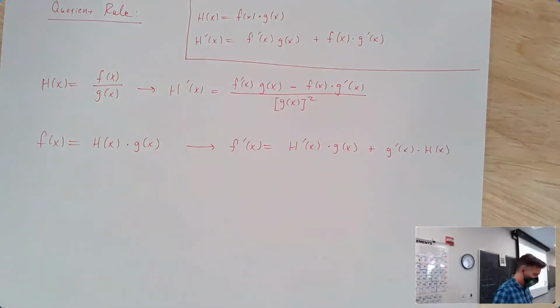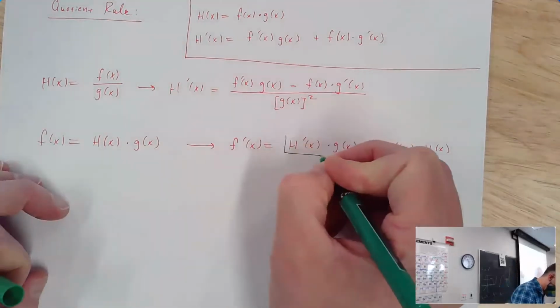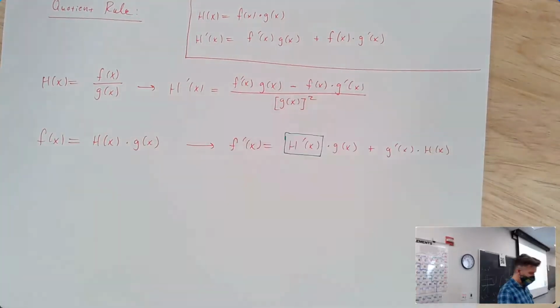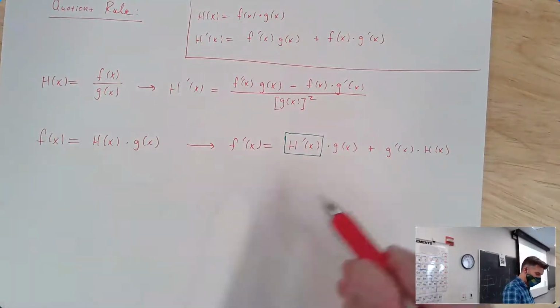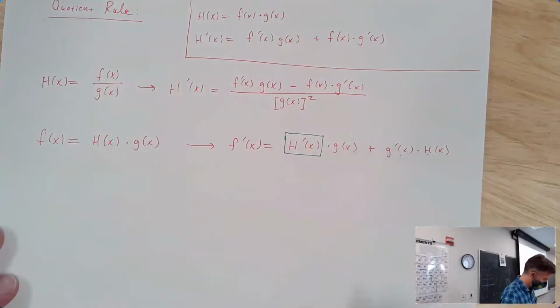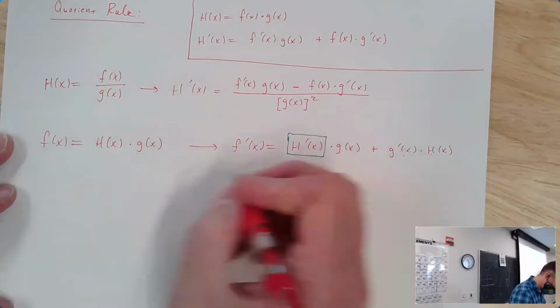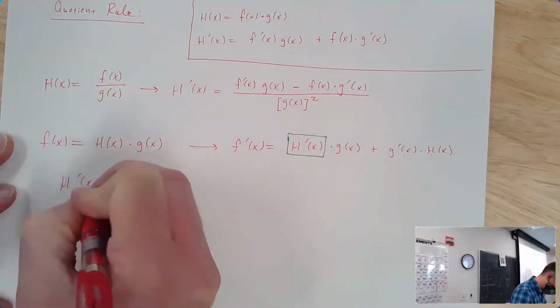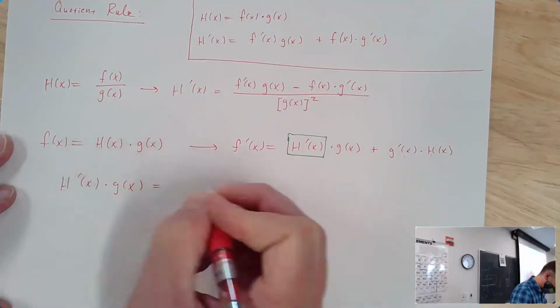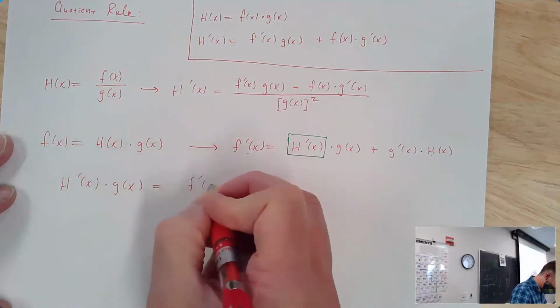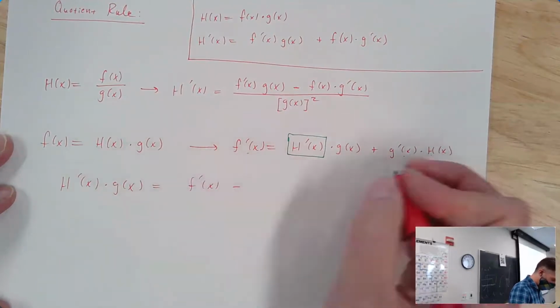And now I want to solve for h prime of x, because that's what I'm trying to figure out. So let's subtract g prime times h. I'm going to have h prime of x times g of x equal to f prime minus g prime times h.